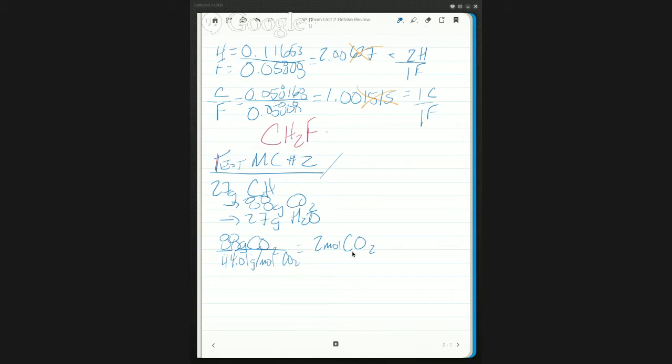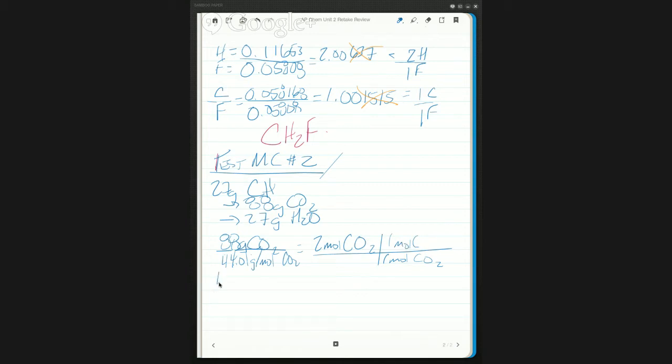And for every, this is a really shortcut way of doing this, by the way. For every 1 mole, if we want to make a little bridge, for every 1 mole of CO2, that gives us 1 mole of carbon.